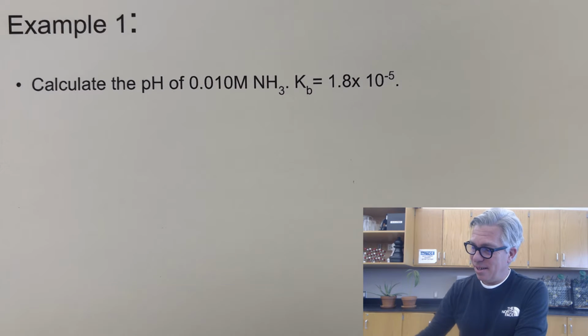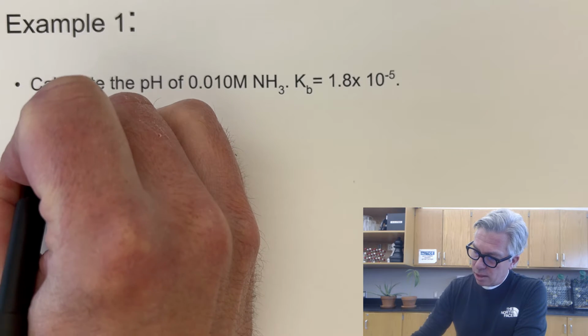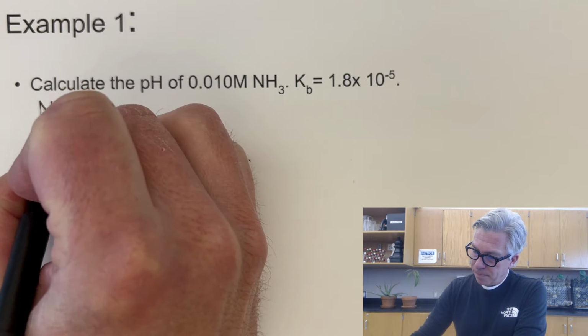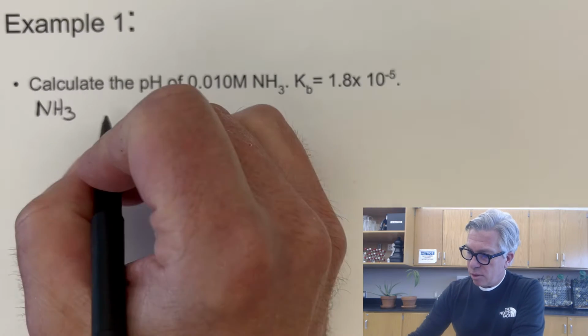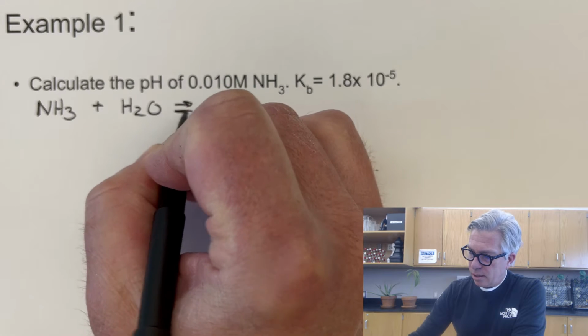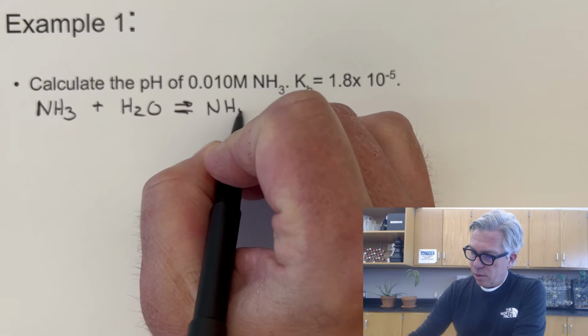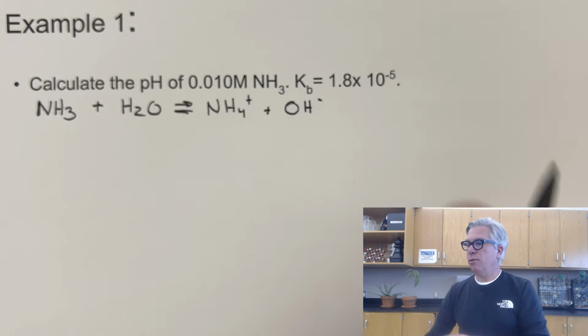So enjoy that. All right, so let's say we put ammonia in the water in solution. Because it's a weak base, it's going to accept a proton from the water. So let's put the water here. And it's going to end up being NH4+ with a plus charge, and some OH- will be formed in the solution.